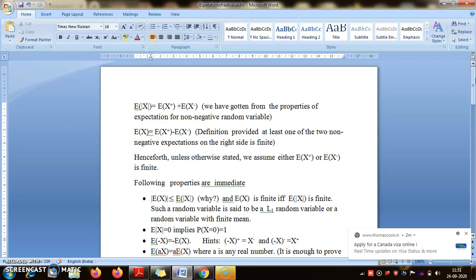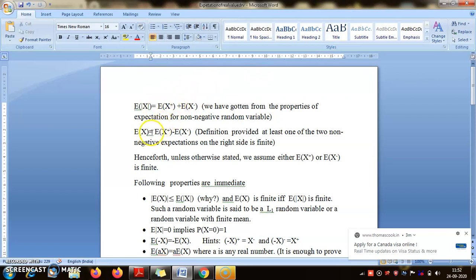So you could easily verify why this is true. And now X plus and X minus are non-negative valued random variables. So I have expressed mod X as the sum of two non-negative valued random variables. And now by properties of expectation that we know so far for non-negative valued random variables, expectation of sum is sum of expectations, therefore we get the first equation.